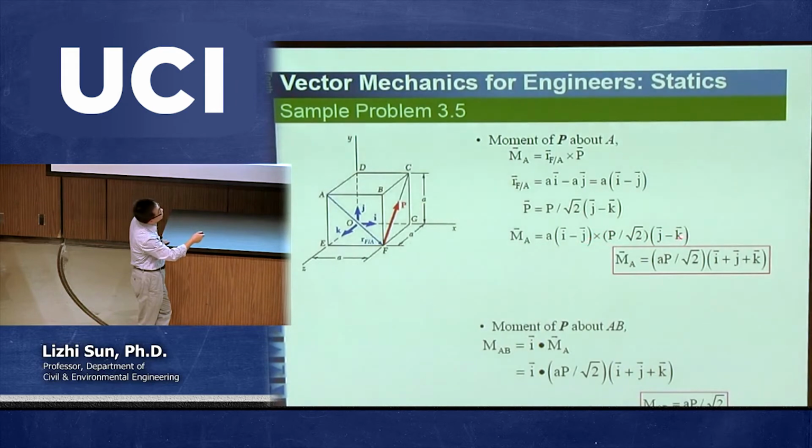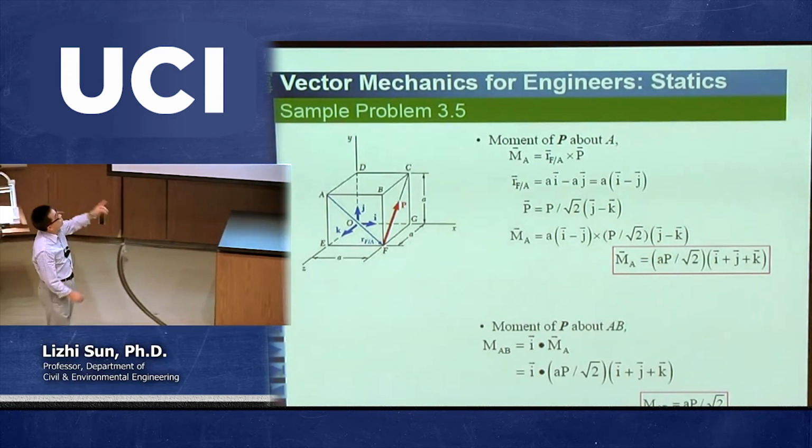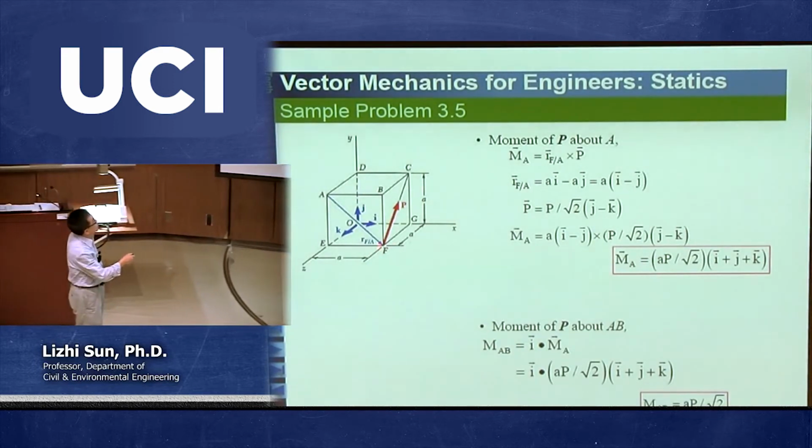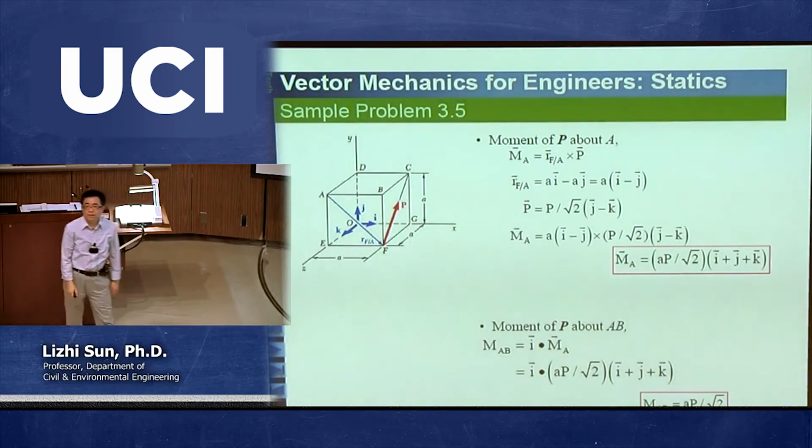And J cross K equals I. So finally you have this in terms of IJK. No matter what, this first type of moment is always a vector, with whatever components you can calculate. So that's the first question, asking us to calculate the moment of this force about this point A. Any questions?